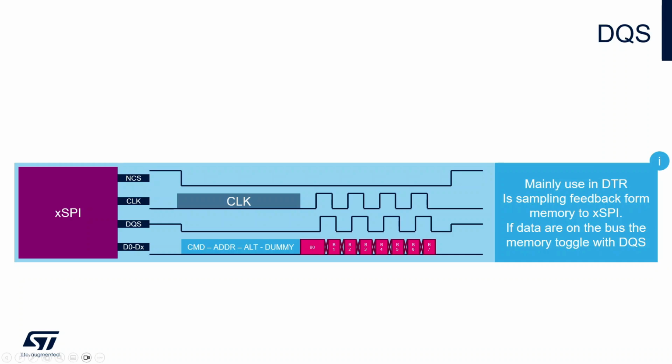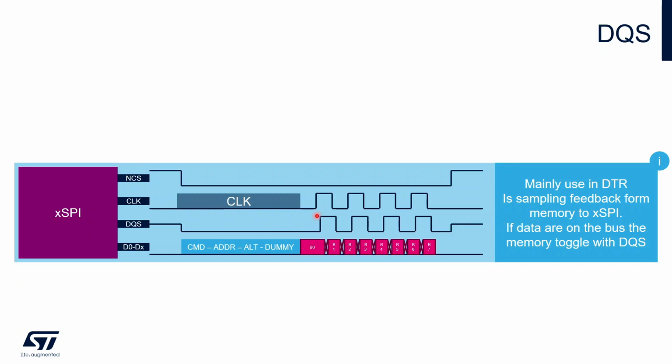The next is the DQS option. It's the data strobe signal. On very high speed memories, the signals are sometimes quite delayed. So when the memory receives the clock edge, it takes a little time to send the data back, which can create a delay. But in case the host is sampling on these edges, it can disturb the data. So there is a feedback signal from the memory. It's in the opposite direction.